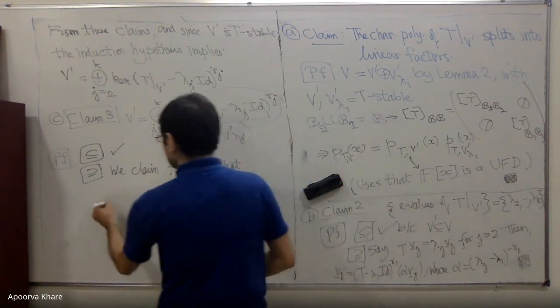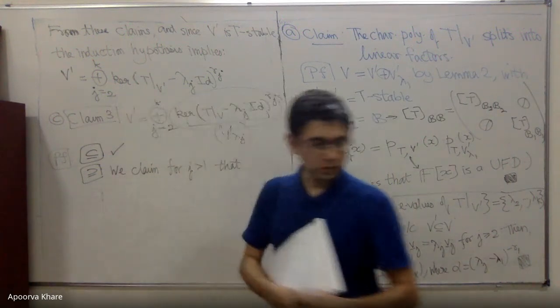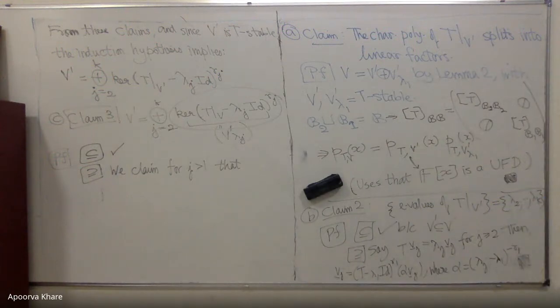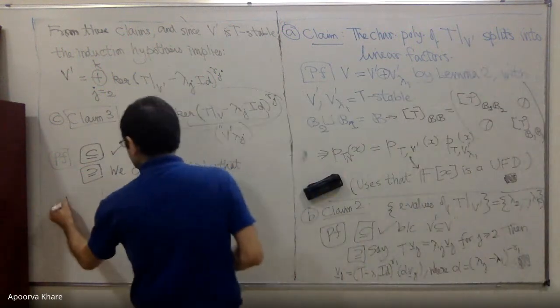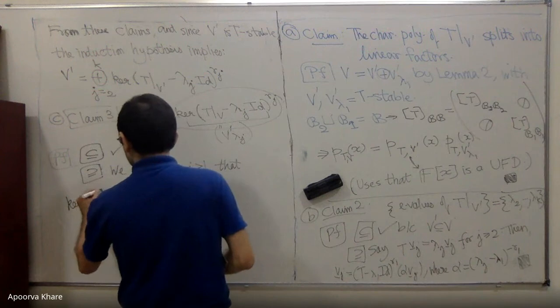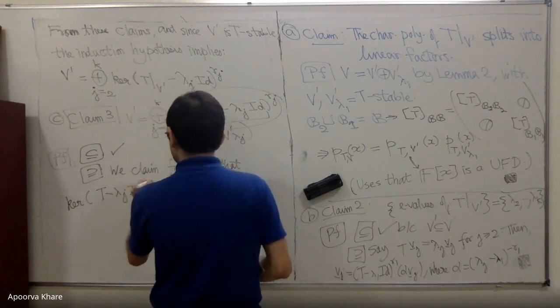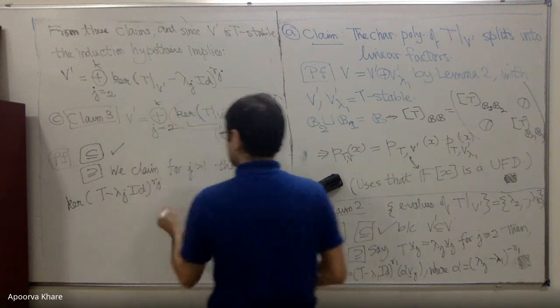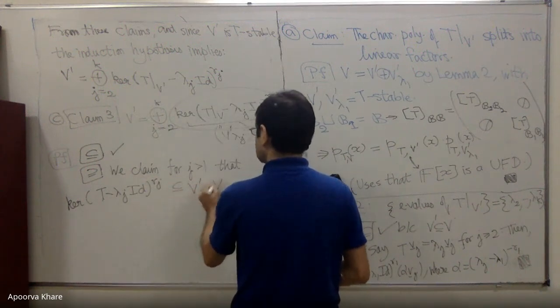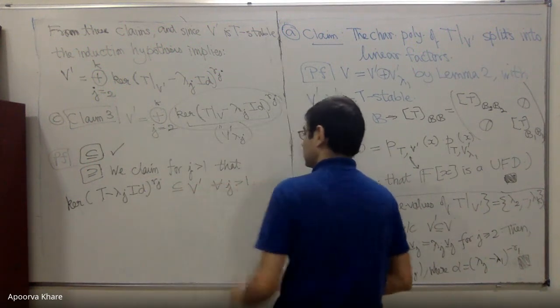So we claim that the kernel of T minus lambda j identity to the Rj is sitting inside V prime for all j bigger than 1.